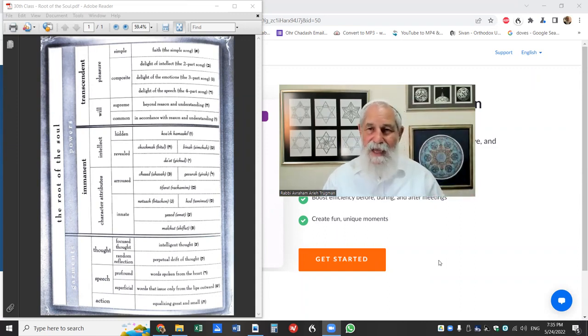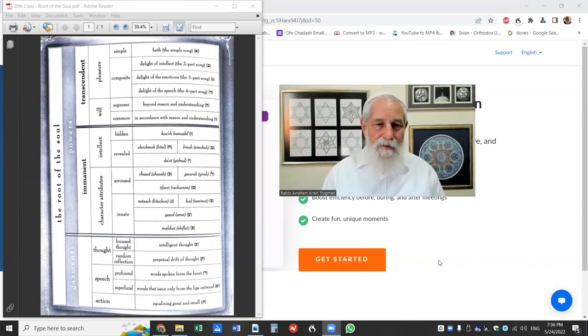So we've been dealing with it as a whole, all 7. But really the 7 are divided into 2. One is called the aroused emotions, and the other is the more innate, behavioristic, intuitive types of emotions. So the aroused emotions are chesed, gevura, and tiferet.